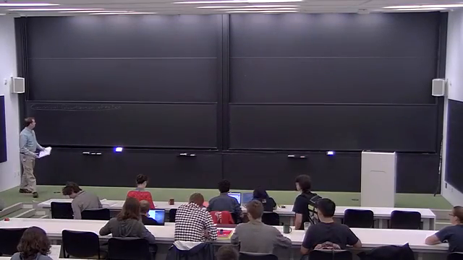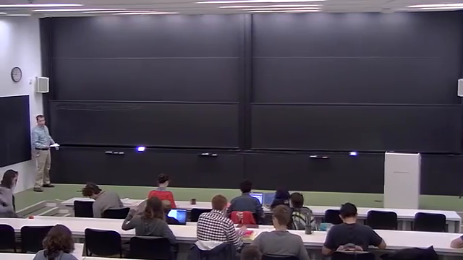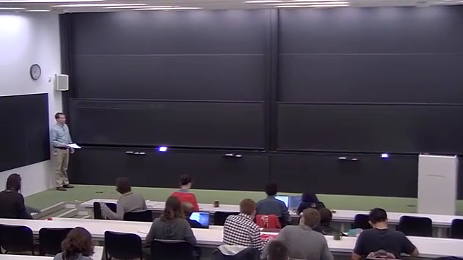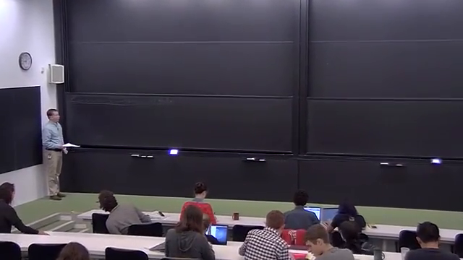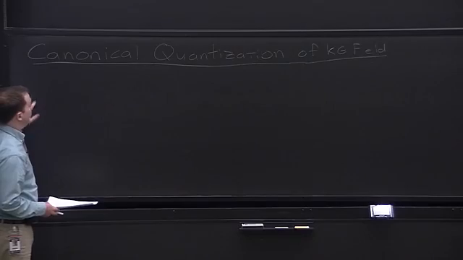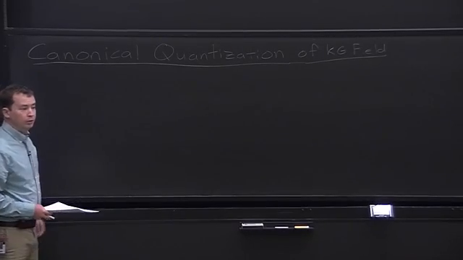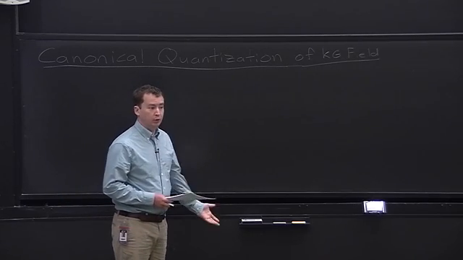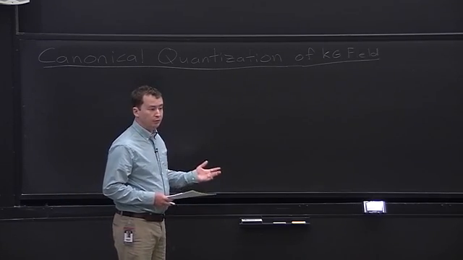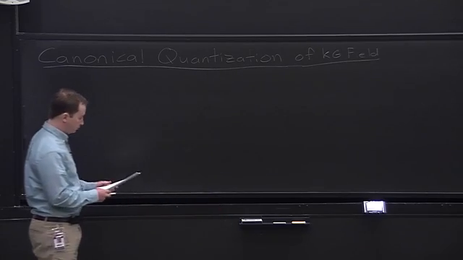Good morning. So today we're going to leave classical field theory mostly behind and move on to quantum field theory. And the subject of today's class will be canonical quantization of the Klein-Gordon field, which is a free, real scalar field.